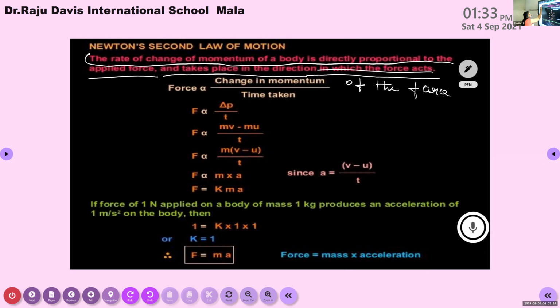Only need to state the second law. Is it over?